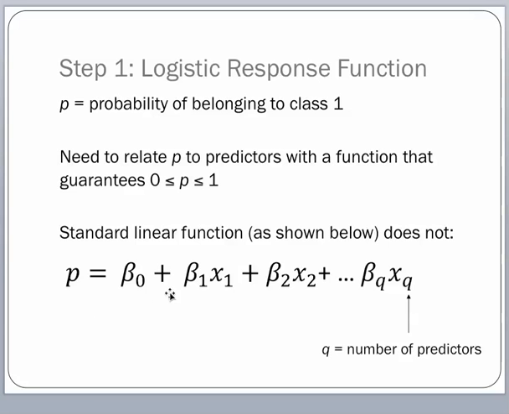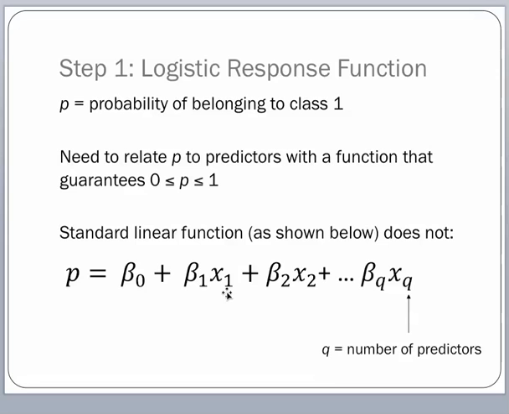If you look at this equation, x can be any sort of predictor. What if we have x values that are negative? Or what if we have x values that are very high? We would end up with a probability outcome that becomes either negative or goes way beyond the value of 1.